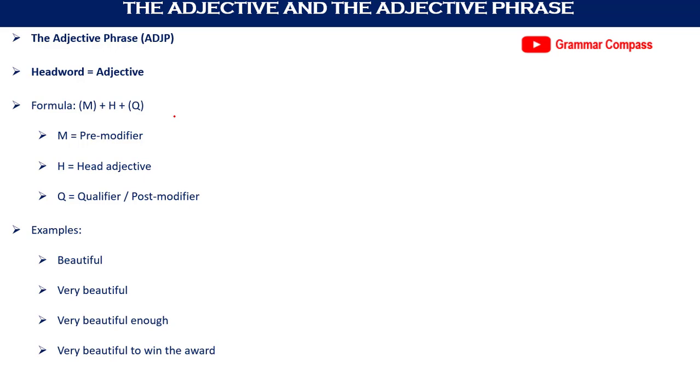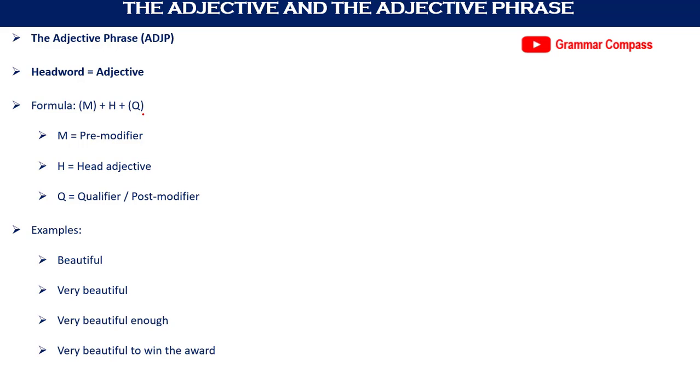Now let us discuss the head word in an adjective phrase. This is very similar to what we had in the noun phrase. In the adjective phrase, the head word is always an adjective, and it can consist of modifiers and also qualifiers that are optional.